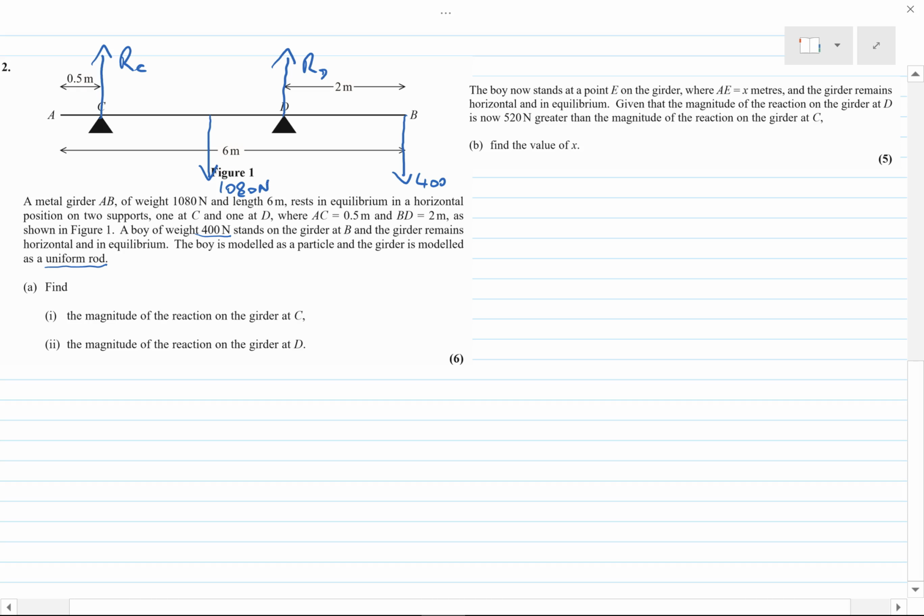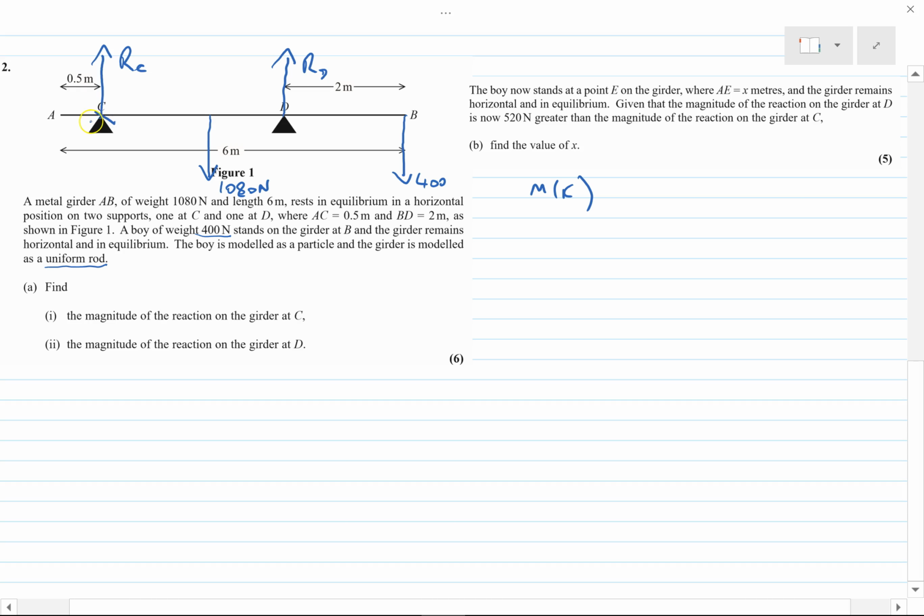Well, I suppose we're going to need to take moments about somewhere. We could take moments about C and D, or either one. If I take moments about C, I'll get RD, but then I can easily work out RC as well.